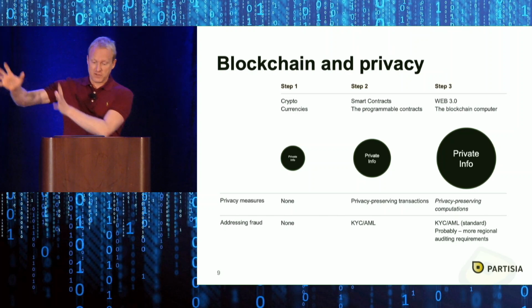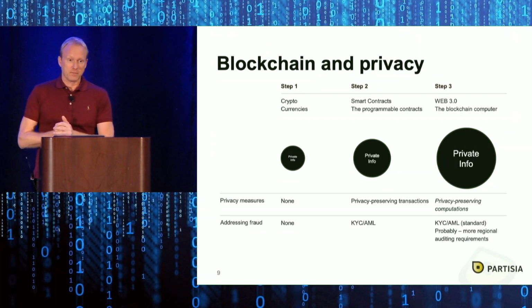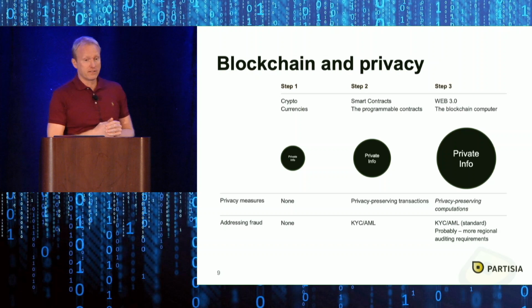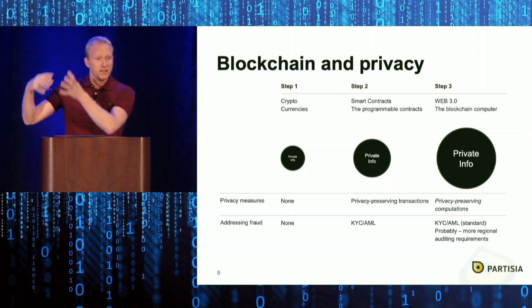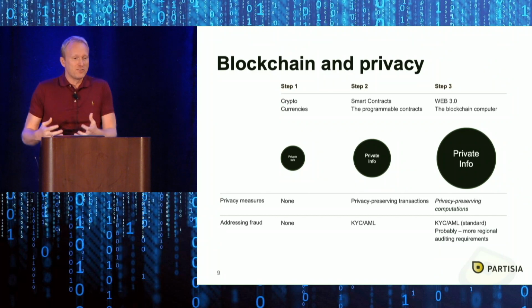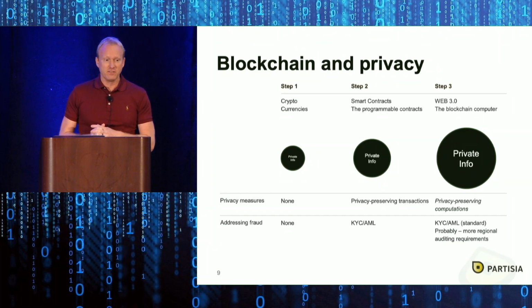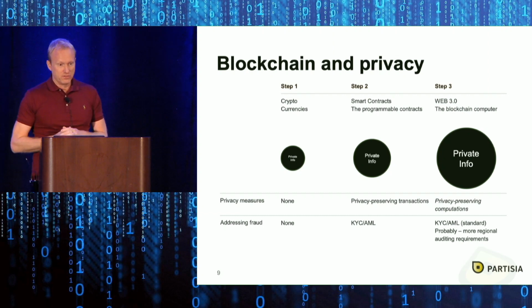Whether you believe in this vision or not, it's at least something that is being articulated: Web 3.0, where you get some sort of a blockchain computer. To have this solve real problems, you definitely need serious privacy measures, and that's what we are trying to add in a distributed fashion.